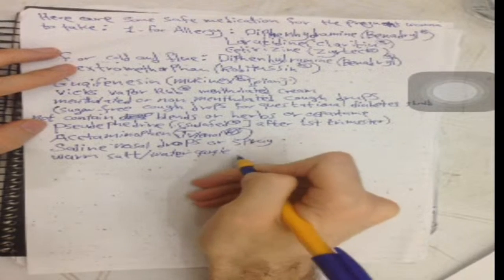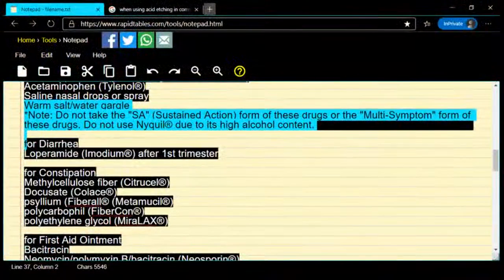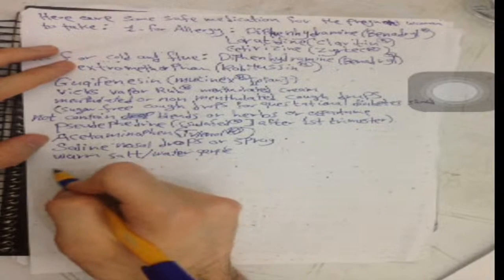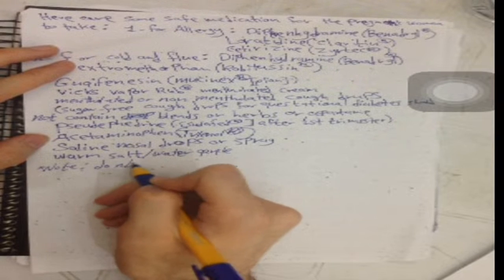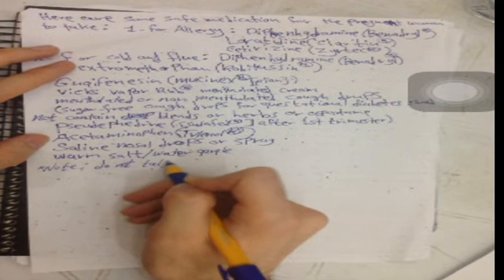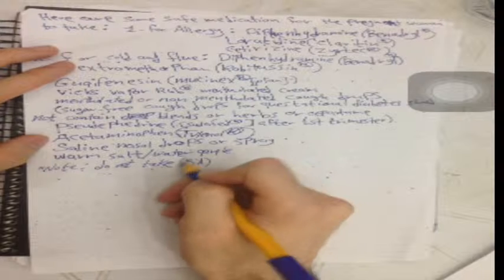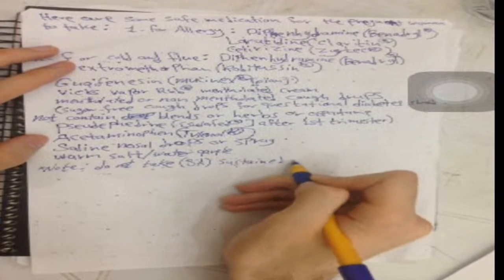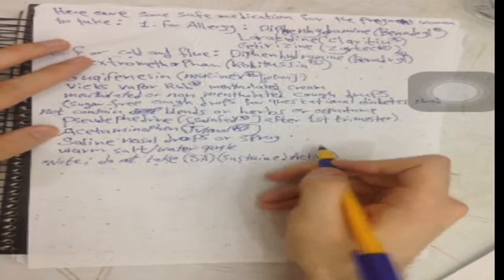Then we have a note here. Note: do not take SA, sustained action form of these drugs.